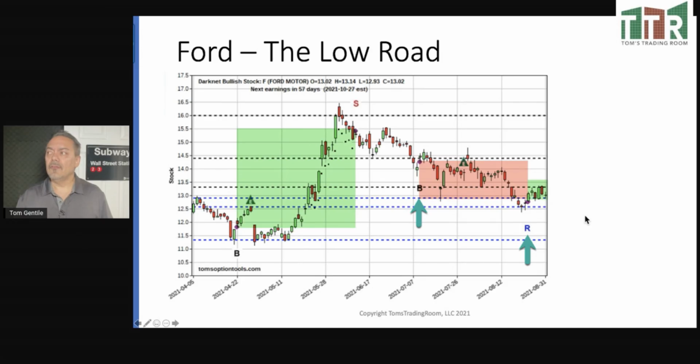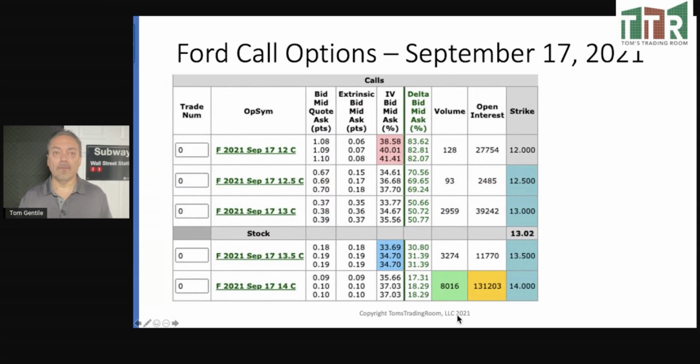So if you're looking at this today, what do the options look like on Ford, the other of the two auto companies? Well, the 13 calls are going to be the call options that are close to the money. The SEP 17 13 calls are trading right now at 38 cents.